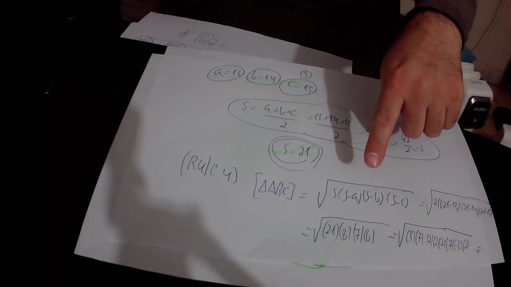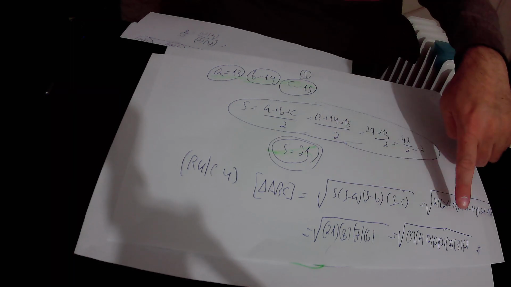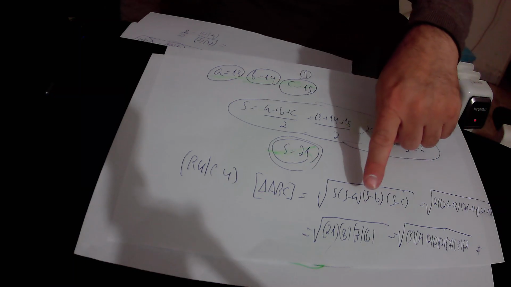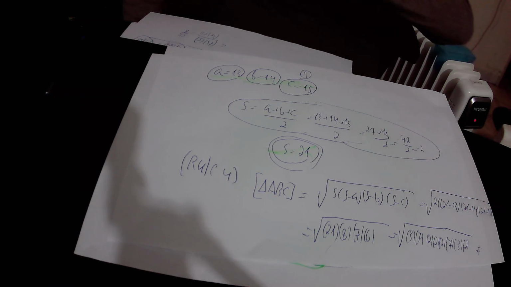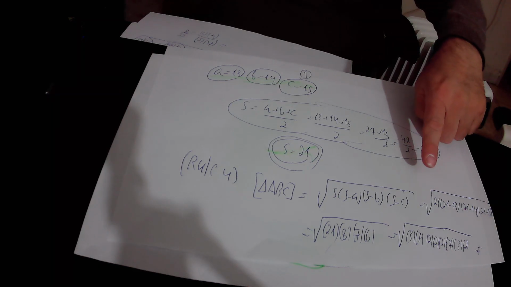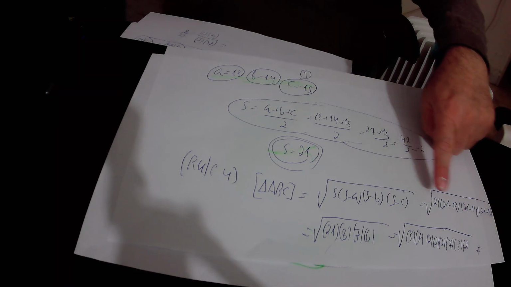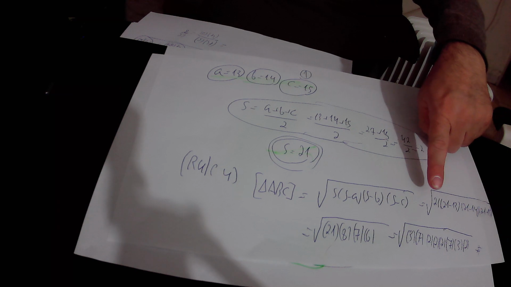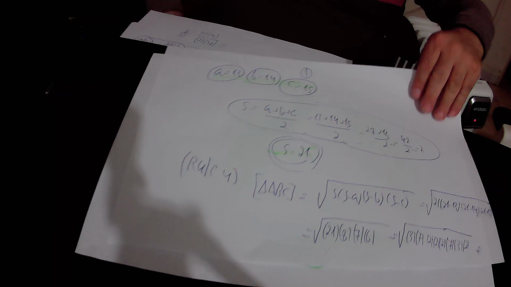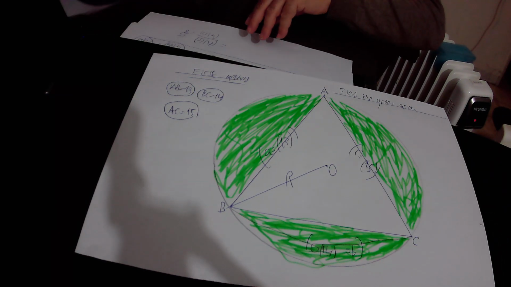Here we leave 7 as it is, and we substitute 6 by 3 times 2. So we got this expression. Then we change the order of the numbers inside this root.